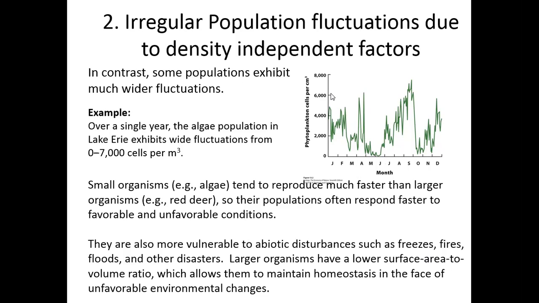So you get sharp rises and sharp declines in these small, short-lived organism populations due to density independent factors. And remember, the 3 Fs are a good rule of thumb for thinking about the things that may be density independent: fire, flood, freeze. It's going to kill a lot of organisms regardless of how many of them there are. So it's density independent.